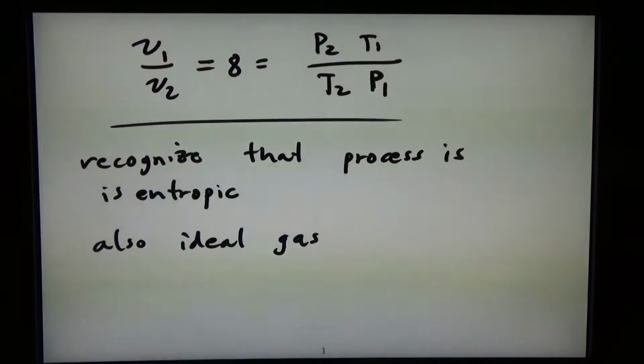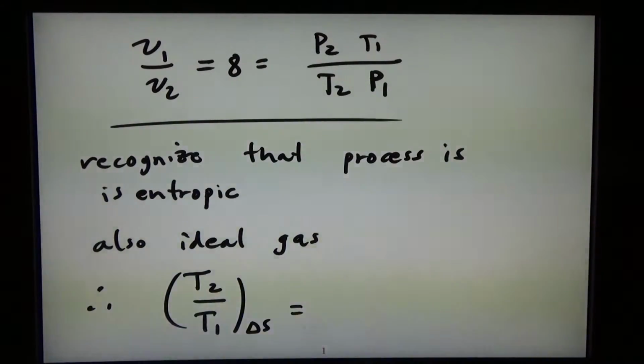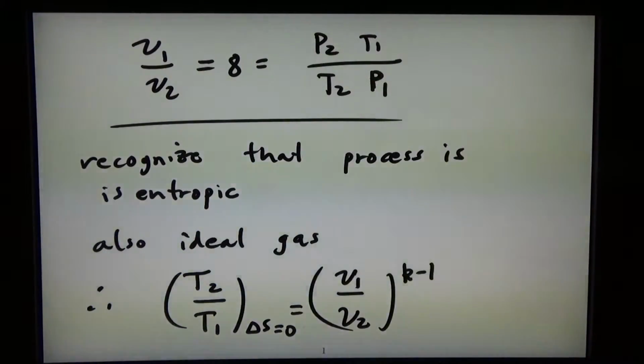In the notes, we called those isentropic ideal gas equations. They looked something like this. We had one that looked like T2 to T1 for isentropic was equal to V1 to V2 to the power of K minus 1.